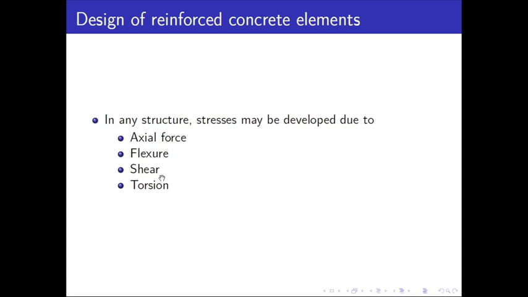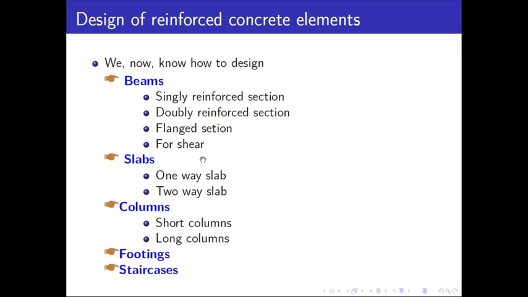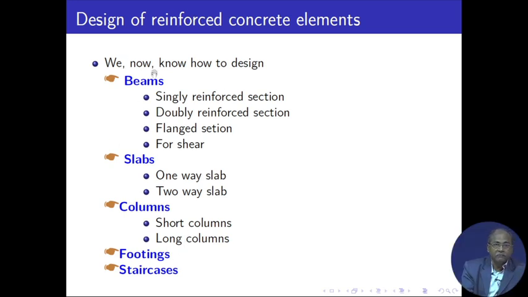Whenever we talk from the engineering point of view, we talk about which one is the governing one. Let us discuss this for the first half an hour and then we shall come to the problem.